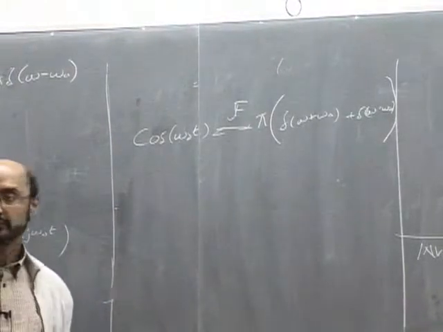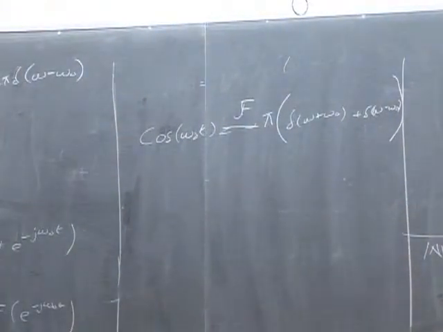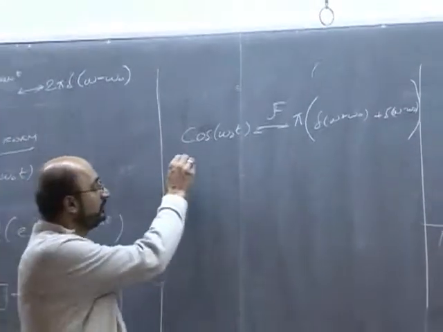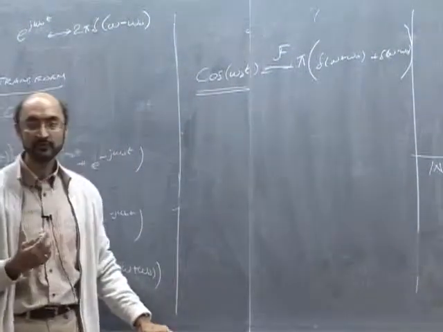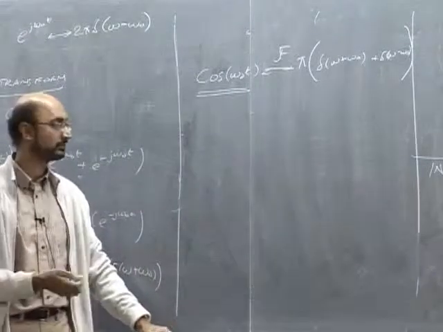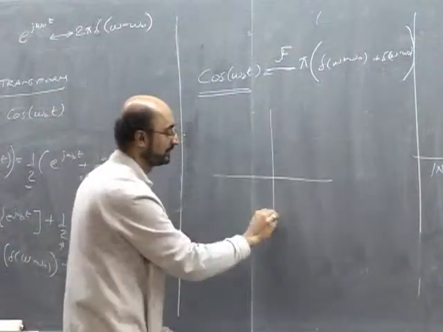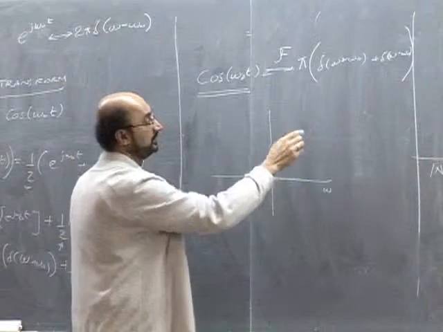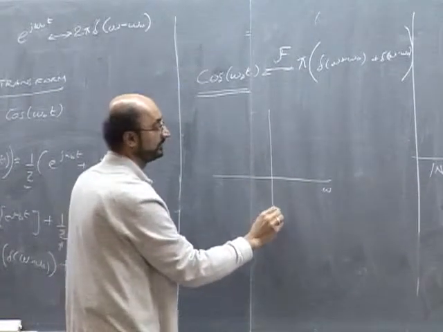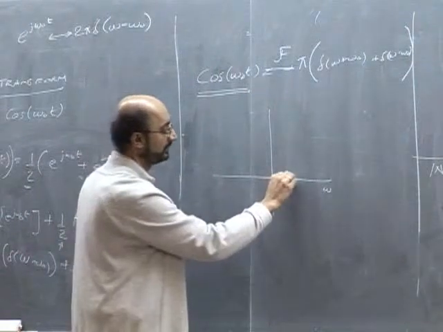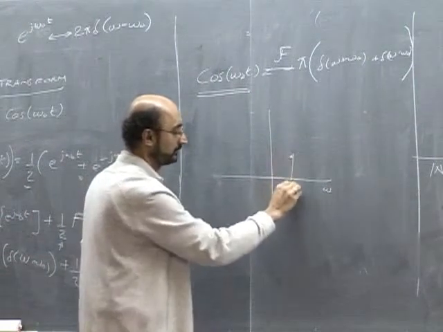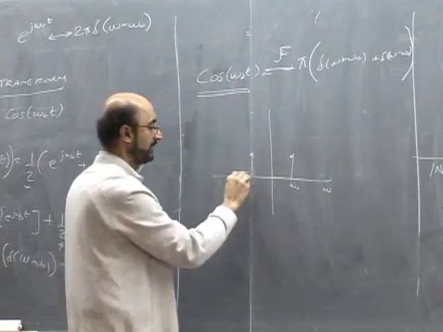So the way to think about it, and I'll stop with this, is that when you have a sinusoid, we can think of it as being generated by two phasors. If you look at these two, omega plus omega naught and omega minus omega naught are delta functions at minus omega naught and plus omega naught.